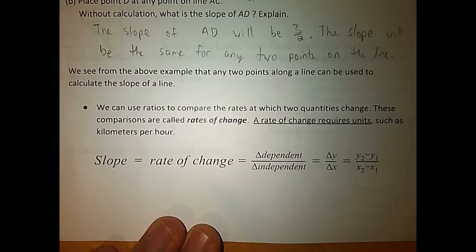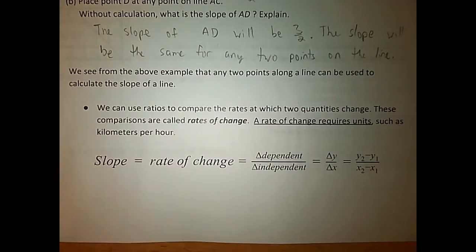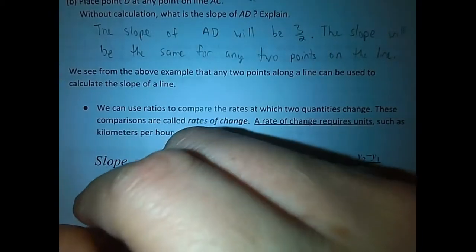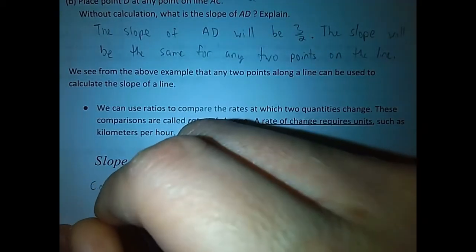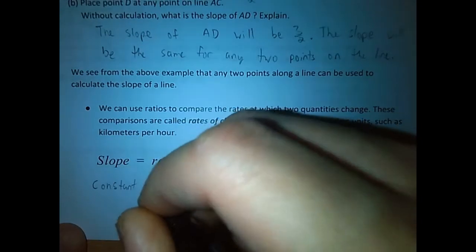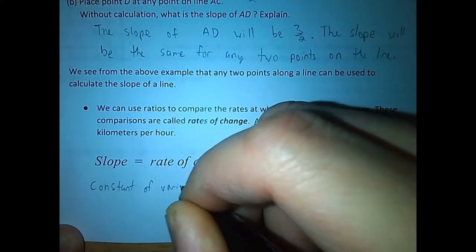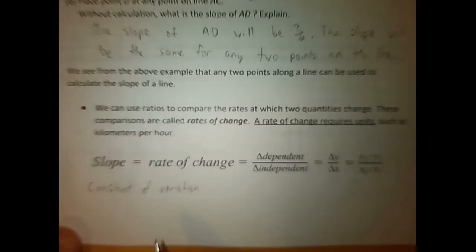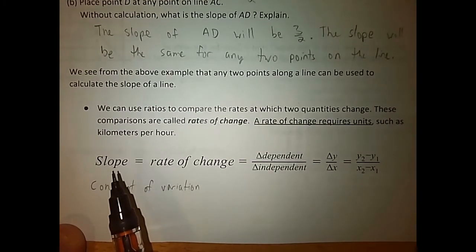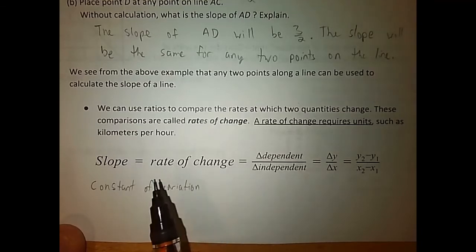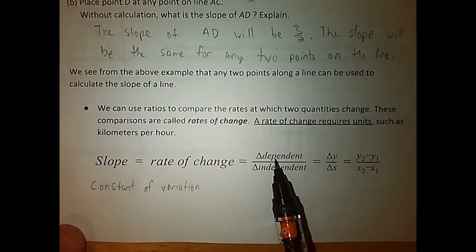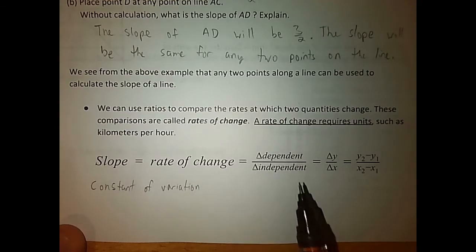So we have slope, which again is the steepness of a line. We also called this something else before in 5.1 and 5.2. We also call this the constant of variation. But once we get more into the graphing, we'll be calling it slope, also rate of change. It's also the change in the dependent variable divided by the change in the independent variable.